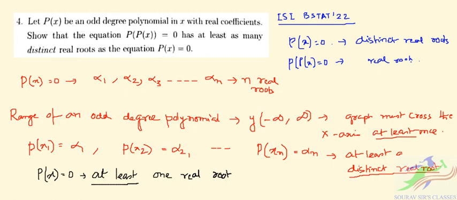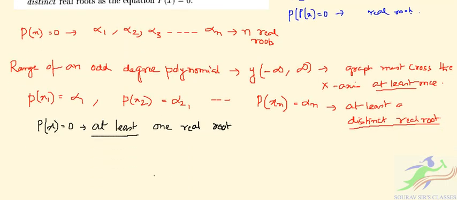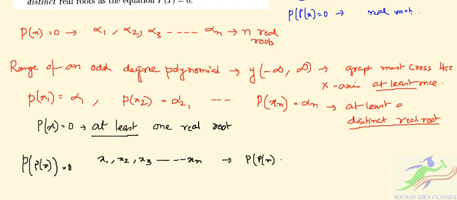Now to find the equation P(P(x)) = 0, it has at least distinct real roots. So x1, x2, x3 up to xn are all the roots of P(P(x)). If we put x3, P at x3 will be P of alpha 3, which should be equal to 0. Why?